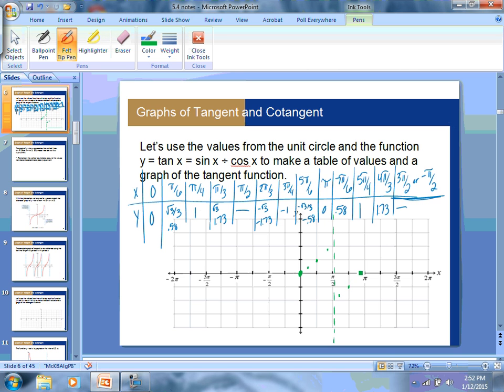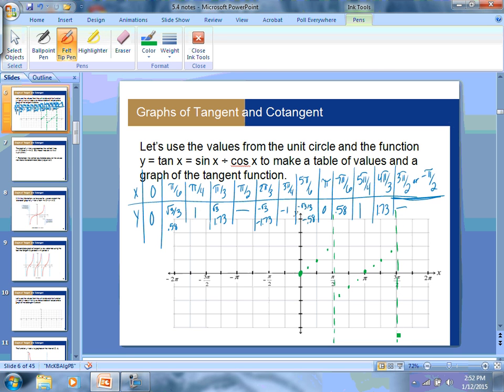And then at 5 pi over 6, I'm at negative a half, roughly. And then at pi, I'm at 0. And then I'm at 0.5. 5 pi over 4, I'm at 1. And then 4 pi over 3, I'm at 1.73. And then at 3 pi over 2, it doesn't exist.